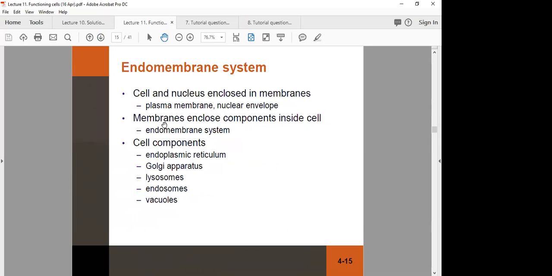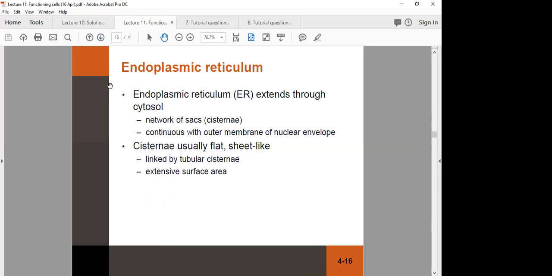Membranes also enclose other structures inside the cell, and collectively they're referred to as the endomembrane system. For example, organelles such as the endoplasmic reticulum, the Golgi apparatus, lysosomes, endosomes, and vacuoles are all enclosed in biological membranes.